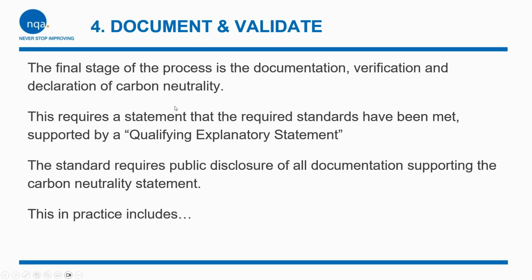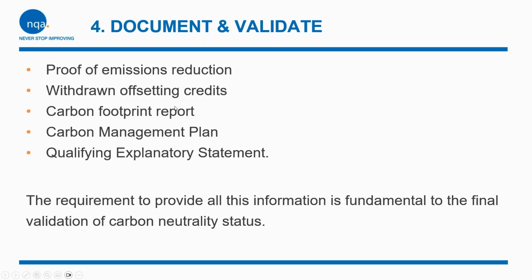So in practice, this includes proof of the emissions reduction, proof of the withdrawal of offsetting credits, the carbon footprint report itself, a copy of the carbon management plan, and obviously the documented qualifying explanatory statement itself. And the requirement to provide all of this information is fundamental to the final validation of carbon neutrality status.